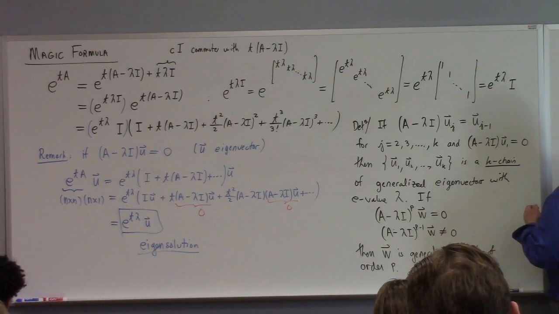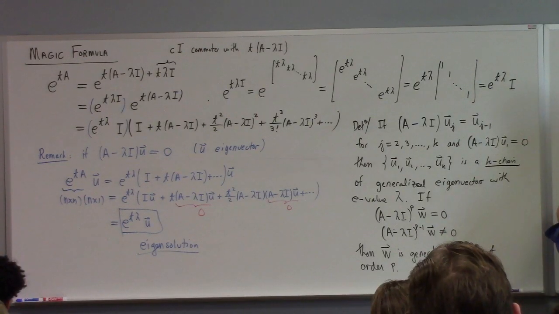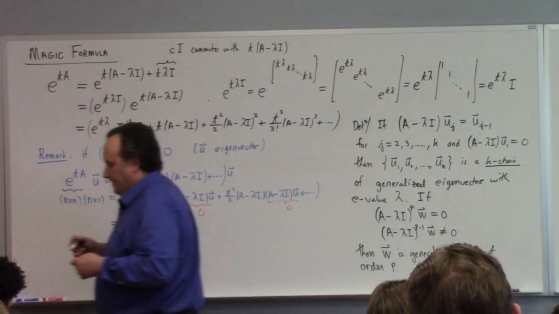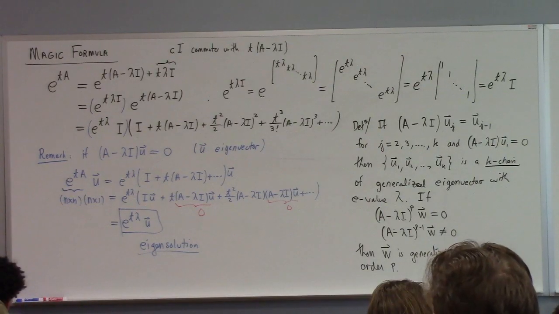(A minus lambda I) times u2 does not equal 0; it equals u1. That's given, right?